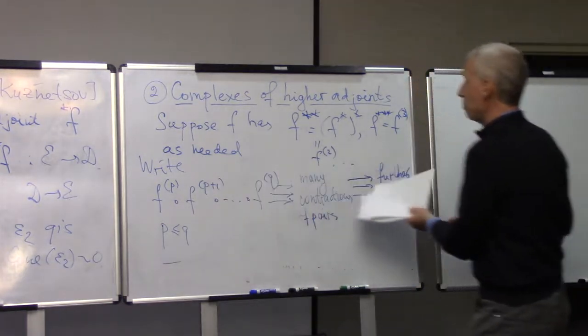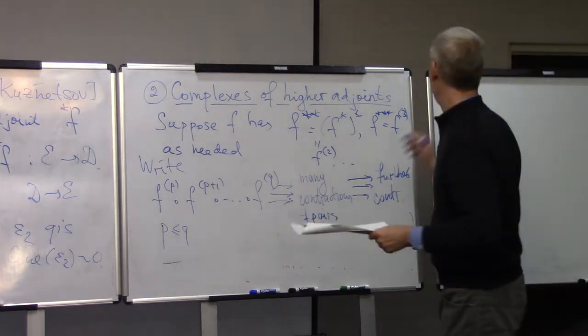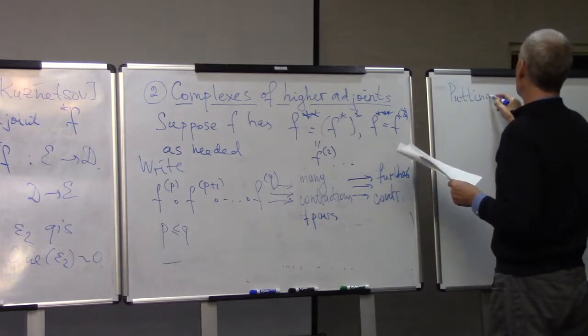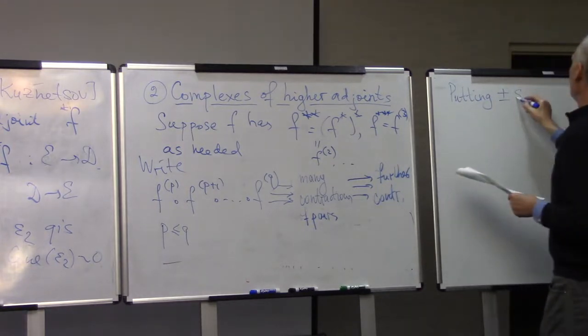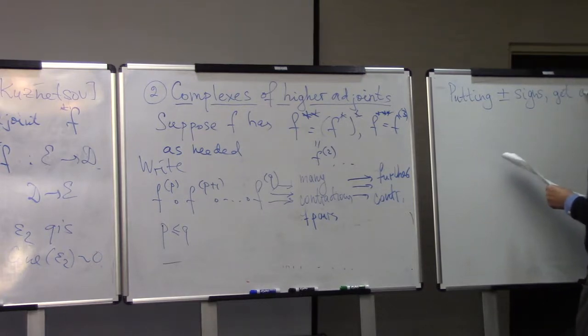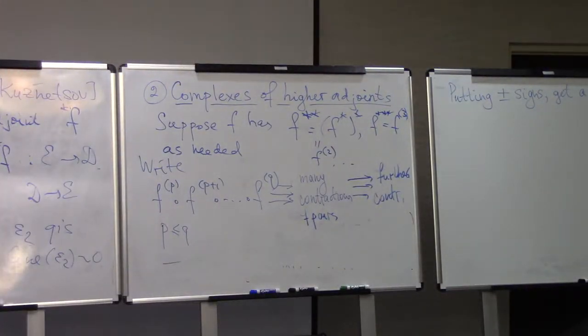And out of this, by putting plus minus signs, we get a complex of functors. So here we have a complex of functors of length 2, and this is a complex of functors of length 2.